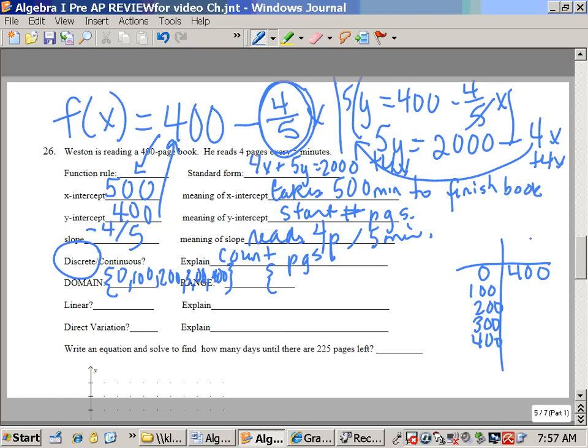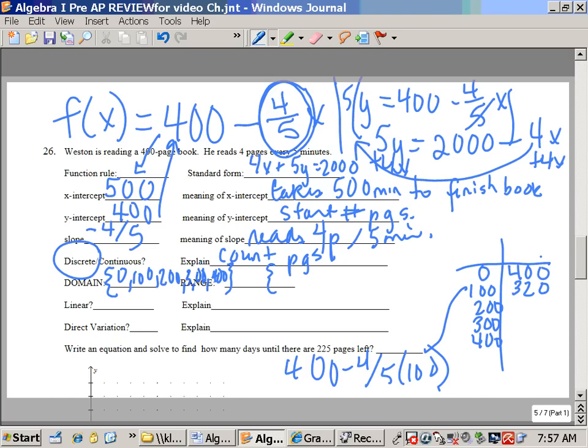After 100, I just do 100 times 4/5 and subtract from 400. Are you following me? So I'm taking these numbers and I'm plugging them in. 400 minus 4/5 times 100. I would just type that in my calculator that you don't have right now. And that gives me 320.